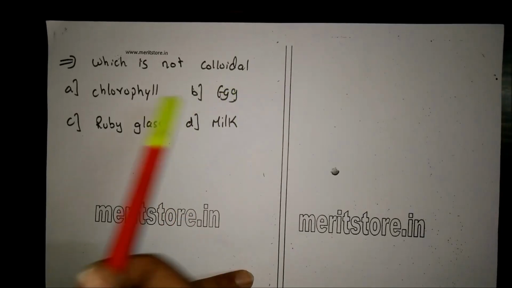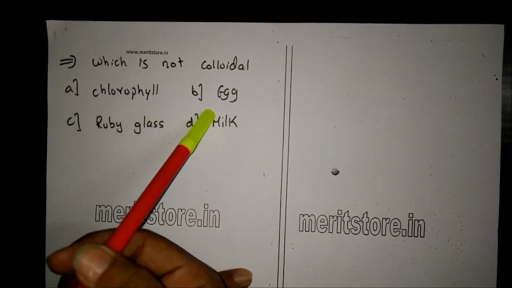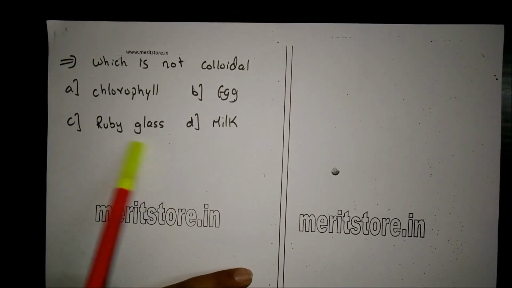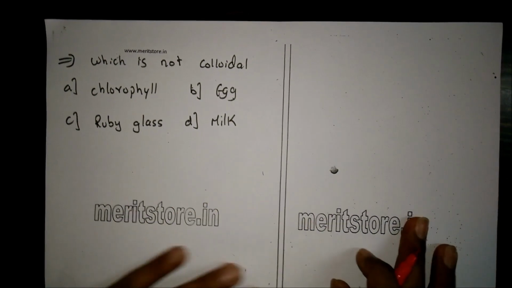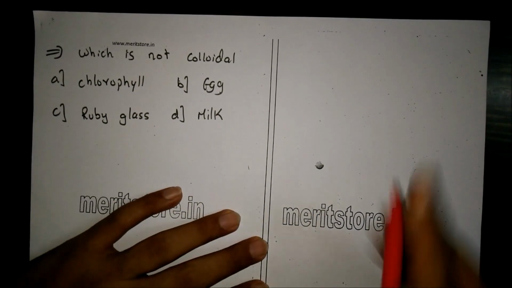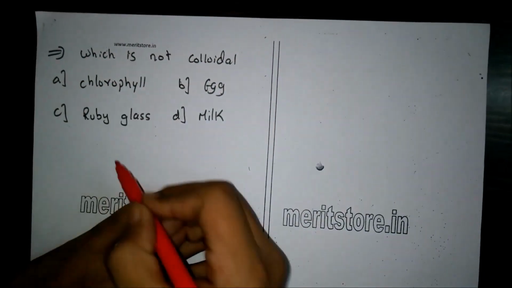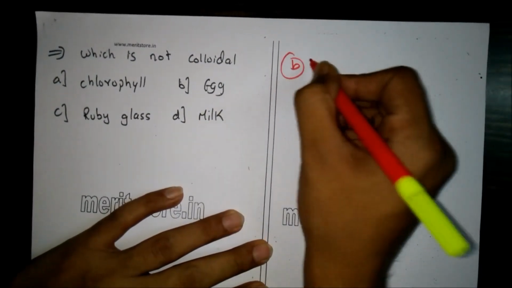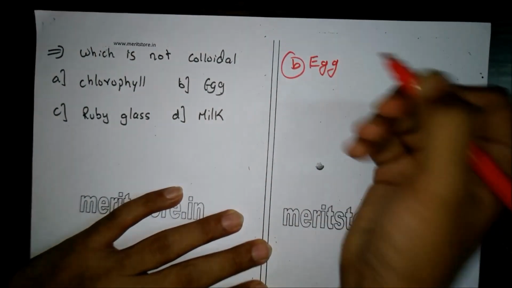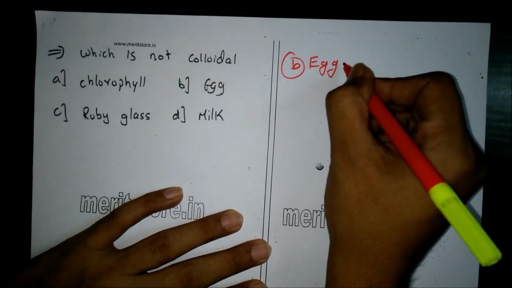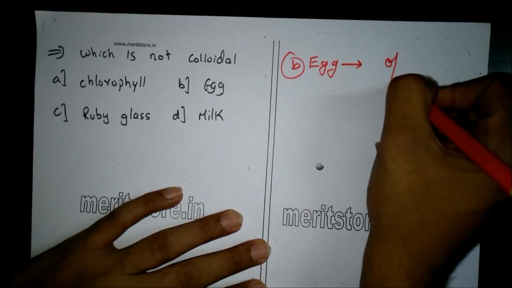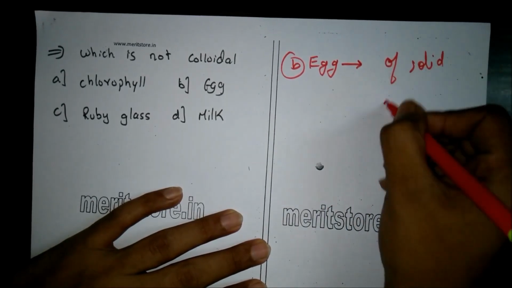Which is not colloidal? A, chlorophyll; B, egg; C, ruby glass; and D, milk. Let's look at all the examples one by one. Example B is egg. Egg is a colloid of solid and liquid.